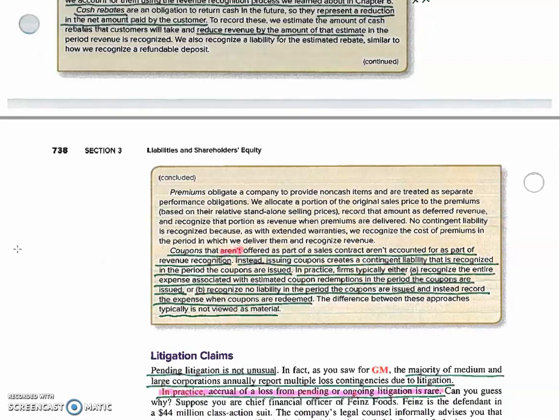Coupons are contingent liabilities, and you may need to look at them to consider them. Quite often, coupons are not viewed as material, and therefore you don't have to worry about recording a contingent liability.